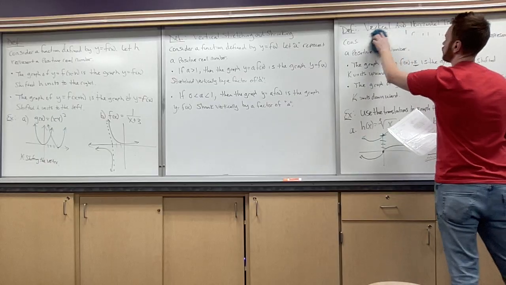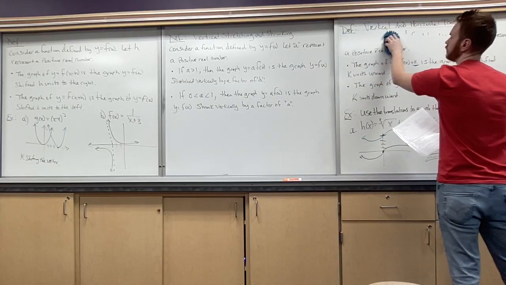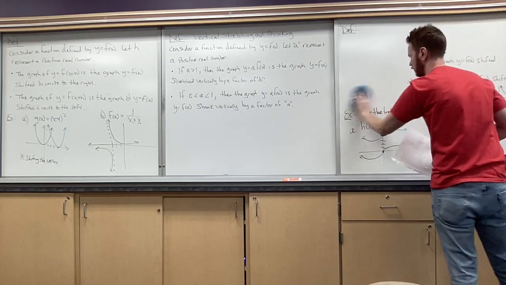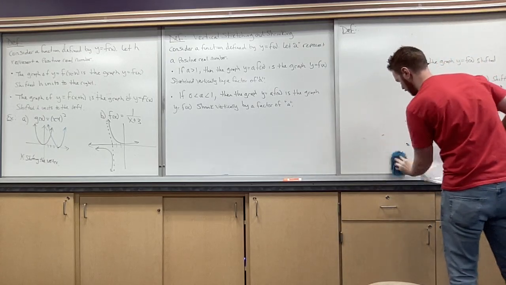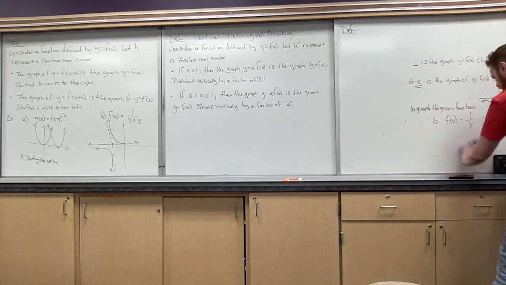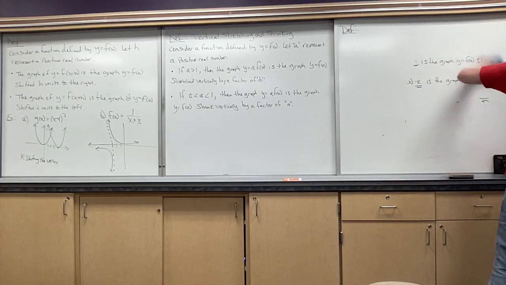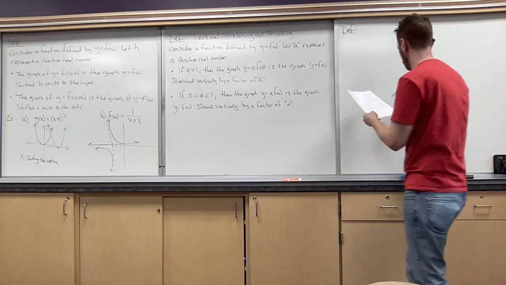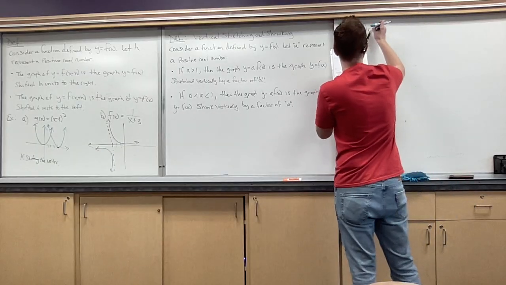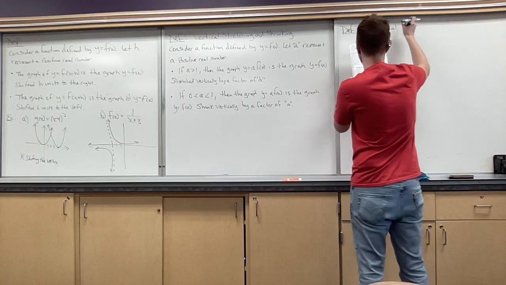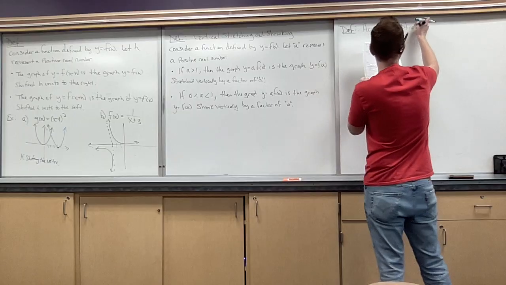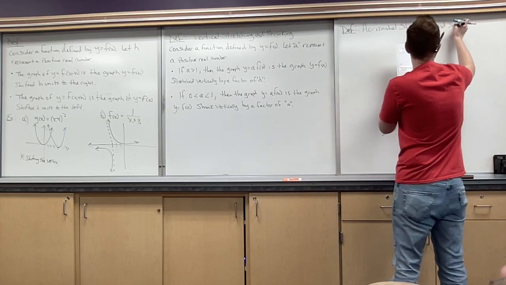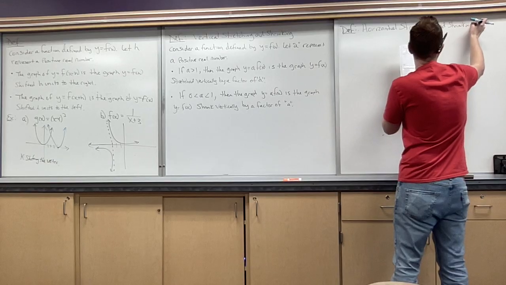So this is vertical. I think this stuff makes more sense with examples, so just hang in there. Once we get an example in, it makes it a little easier.